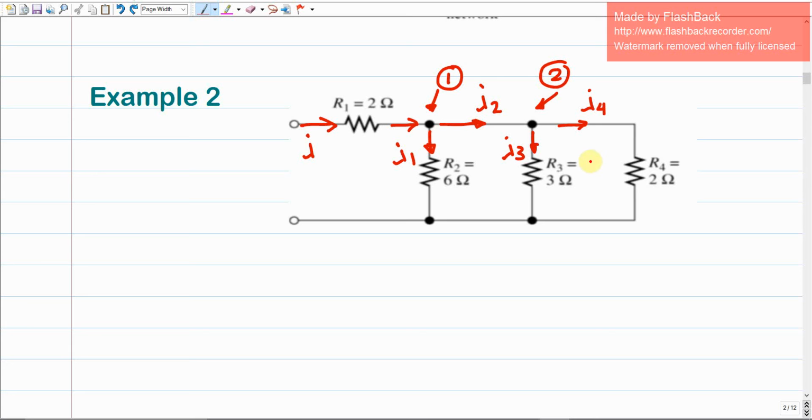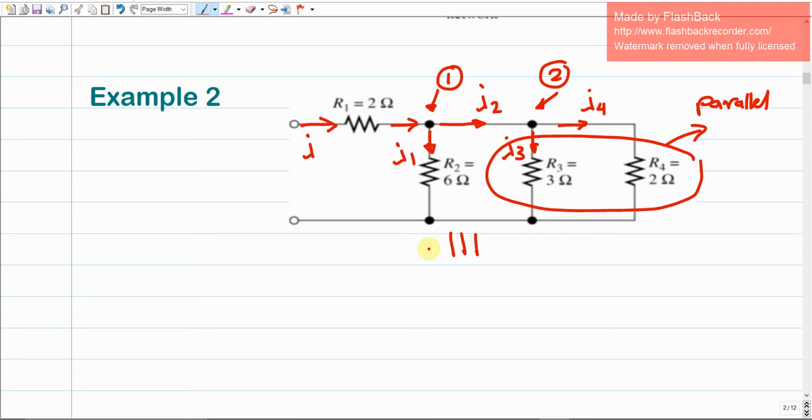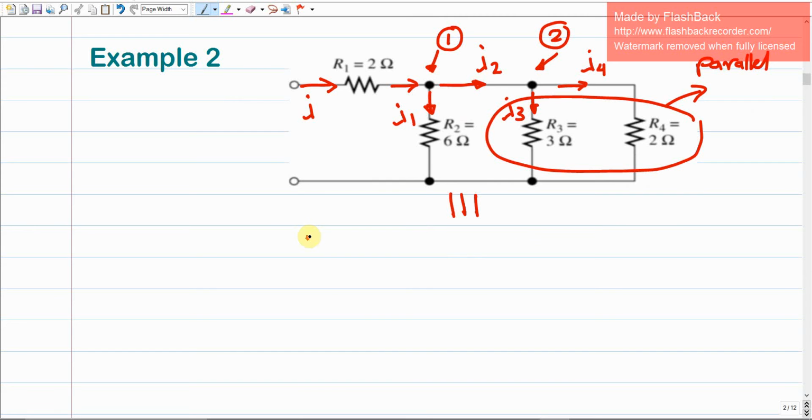So if we decide to combine them into an equivalent resistance, their equivalent resistance should be their multiplication divided by their sum. Why? Because they are parallel. So these two are parallel resistors, and simply we can simplify this electrical circuit further into this form.